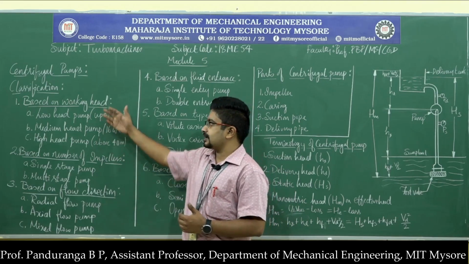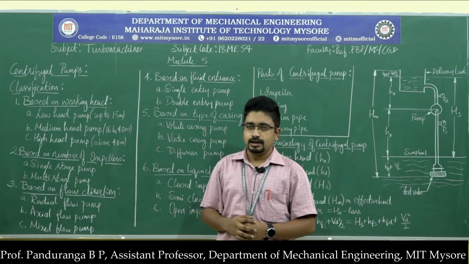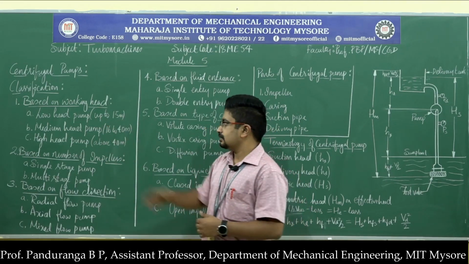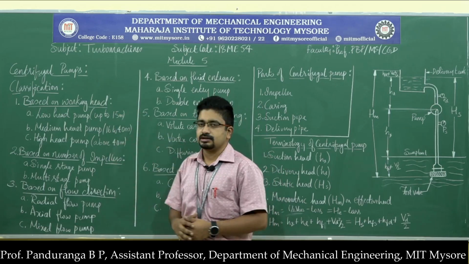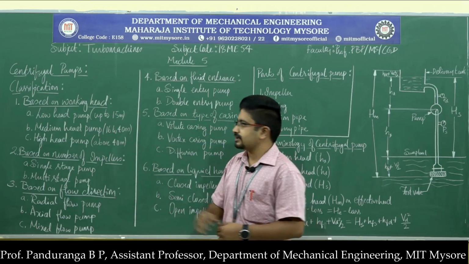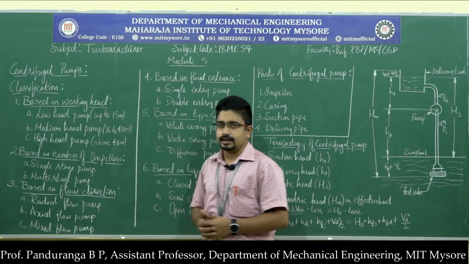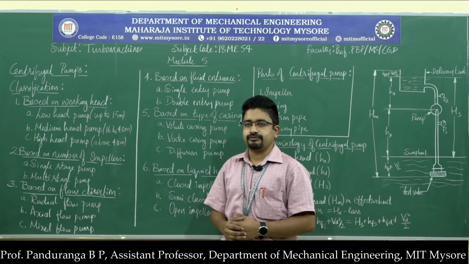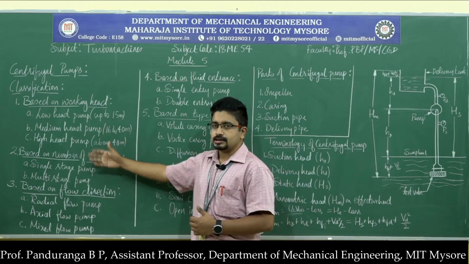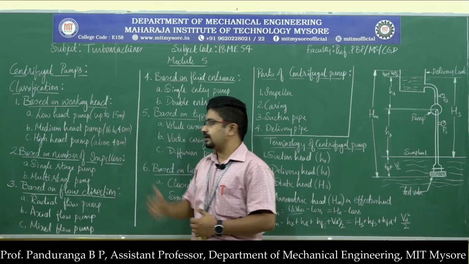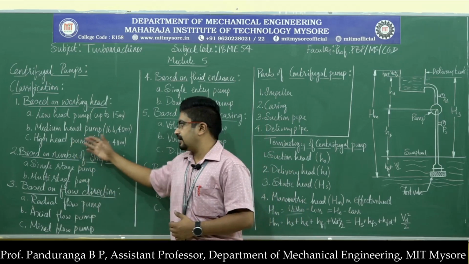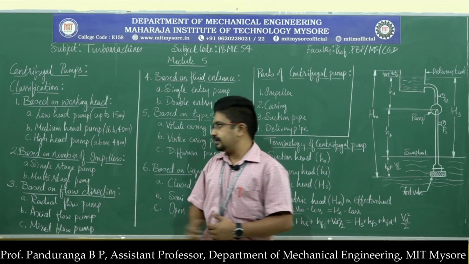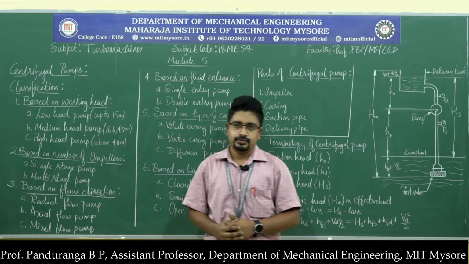So now let us see the classification of the centrifugal pump. It is classified based on several parameters. The first one is based on the working head. Based on the working head, the centrifugal pump is classified into three categories: low head pump, medium head pump, and high head pump.